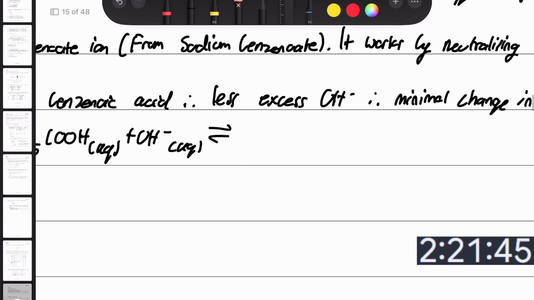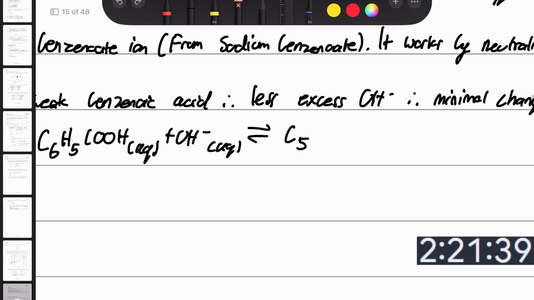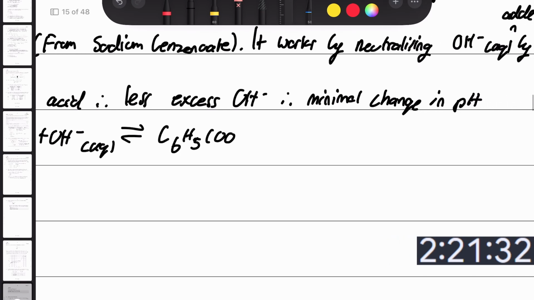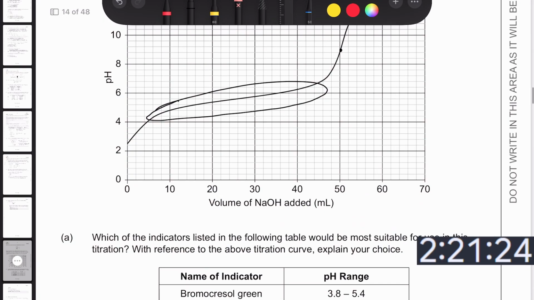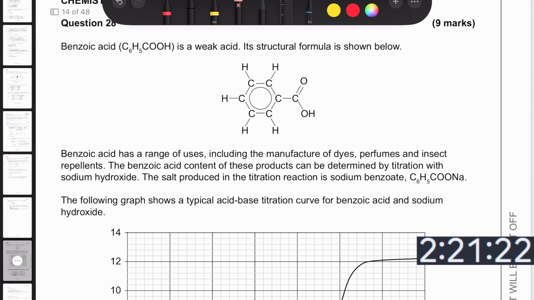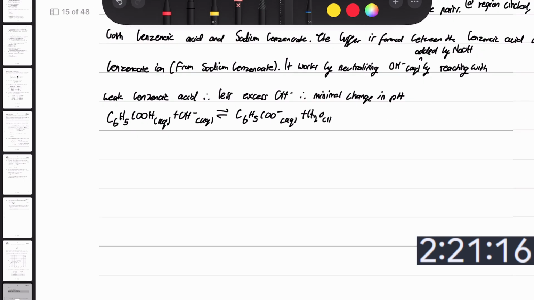This is going to form a buffer reaction, and it's going to form C6H5COO minus aqueous plus H2O liquid. Yep. Minimal change, so it's reacting with the OH.